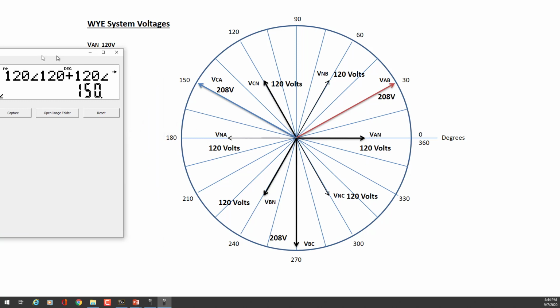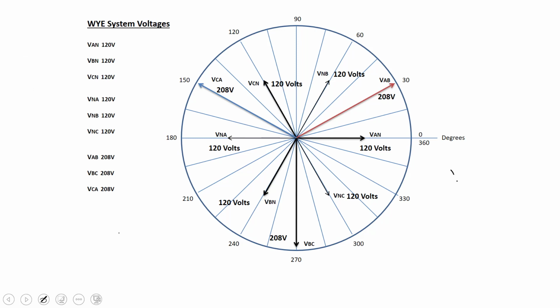Let me get rid of the calculator here. Rule number 3: V line leads V phase by 30 degrees. Here's line voltage VCA, here's the phase voltage VCN, and it is leading by 30 degrees. So 120 plus 30 degrees is 150. So line voltage leads phase voltage by 30 degrees. Ahead in time is counterclockwise.